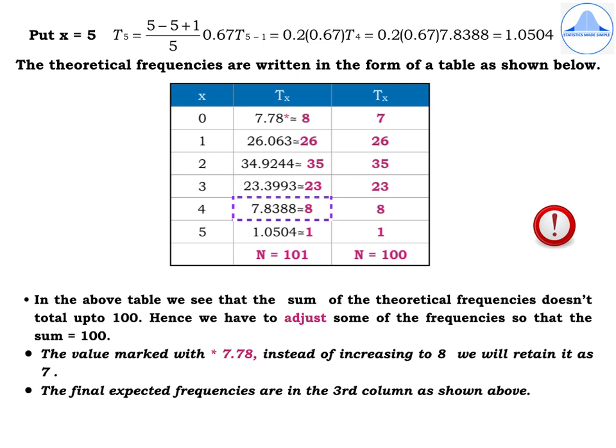Hence, we'll retain 7.78 as 7, and so the final expected frequencies are 7, 26, 35, 23, 8, 1, and so you get capital N equal to 100.